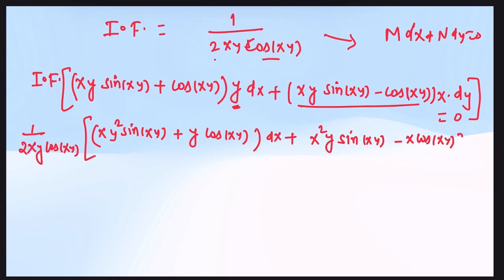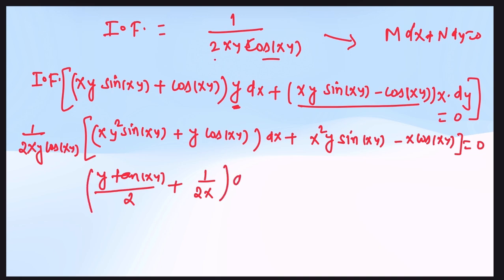Equal to 0. Now we will multiply by this, so x to x cancel, y to y cancel, it becomes y tan xy by 2 plus 1 upon 2x dx.